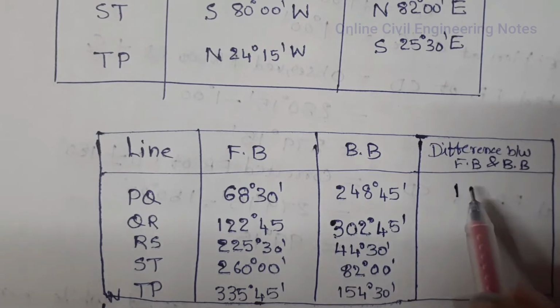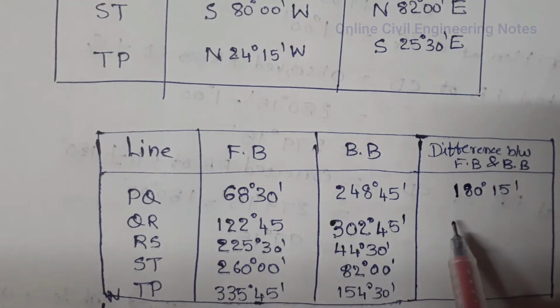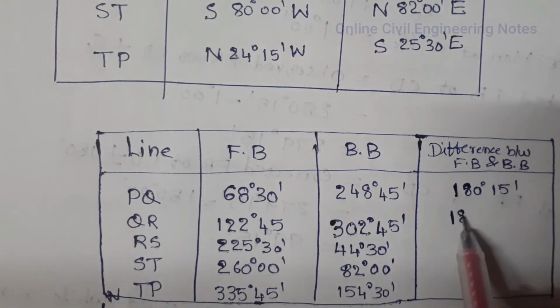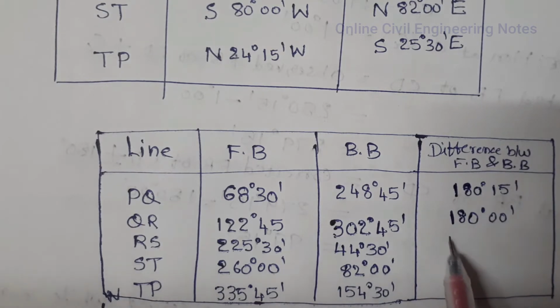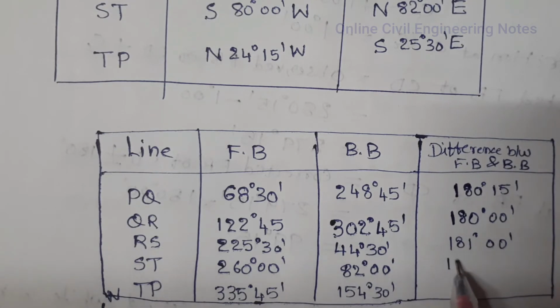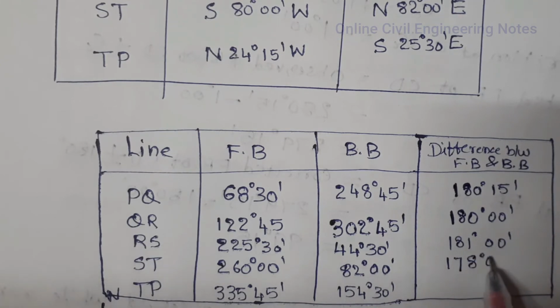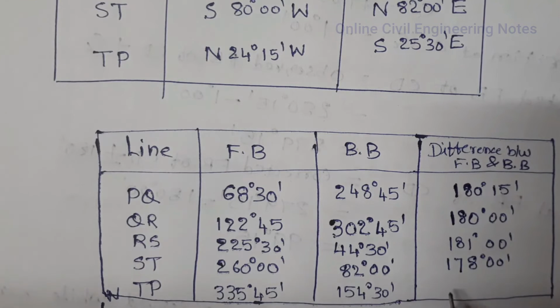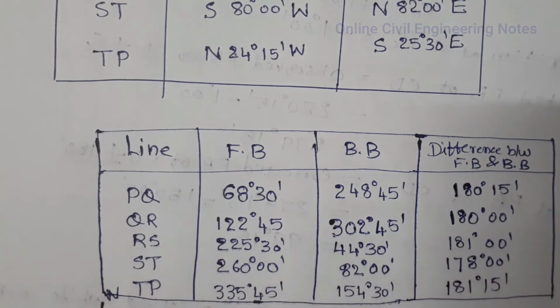For PQ line, the difference between fore bearing and back bearing is 180 degrees 15 minutes. QR line gives the difference 180 degrees. For RS, the difference is 181 degrees. ST line, the difference between FB and BB is 178 degrees. For the last line TP, the difference is 181 degrees 15 minutes.